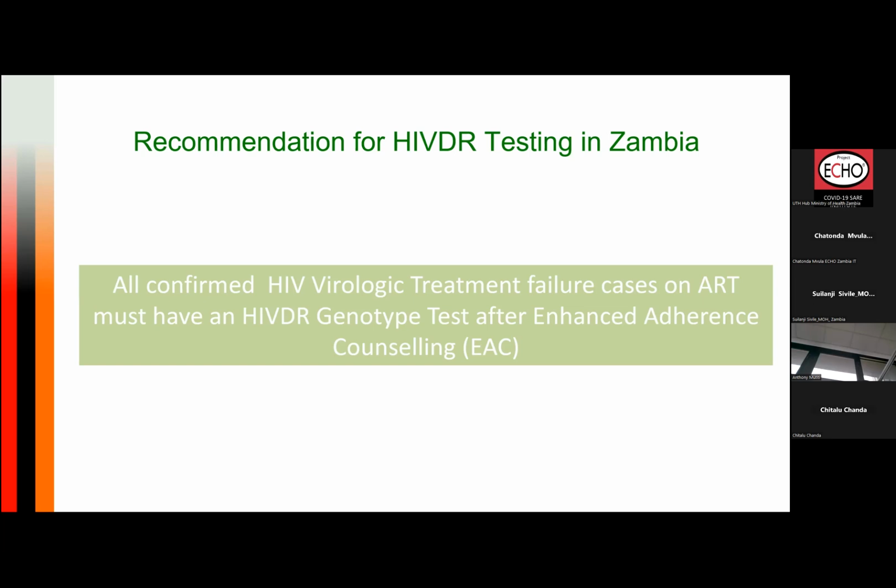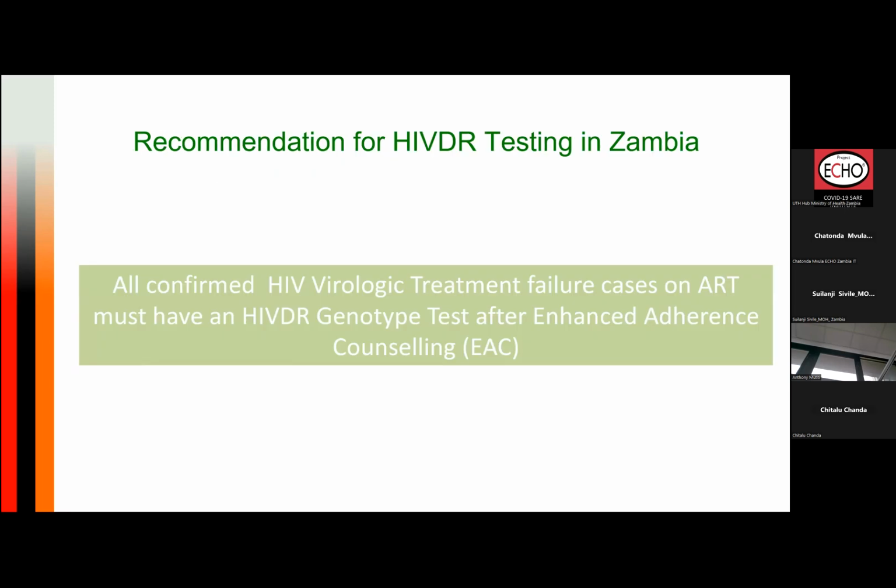So we know that over 16% of those people who are starting treatment have resistance to NNRTIs, and among those who fail treatment, over 70% will have resistance to NRTIs and abacavir, and over 50% to TDF, about 60% or so to AZT.